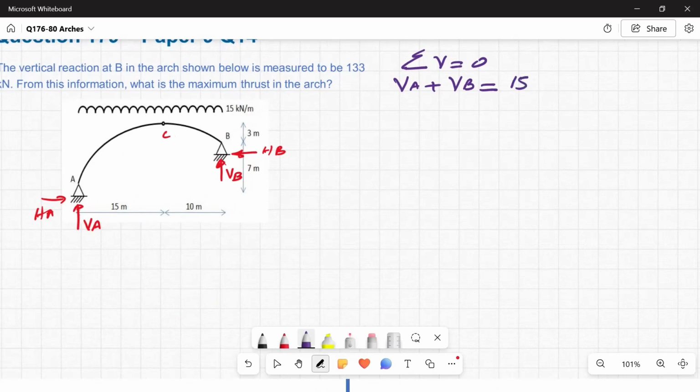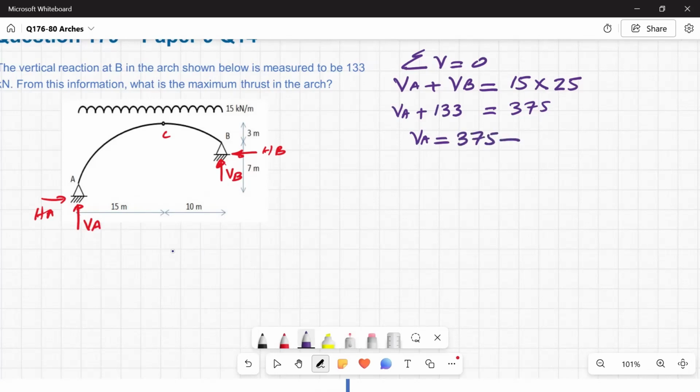The total load is 15 UDL times the span it is spread on, which is 25, and this gives me 375 kilonewton. Here VB is given, which is 133, plus VA. So from here VA will be equal to 375 take away 133, and this gives me 242 kilonewton, and this is the value of VA.